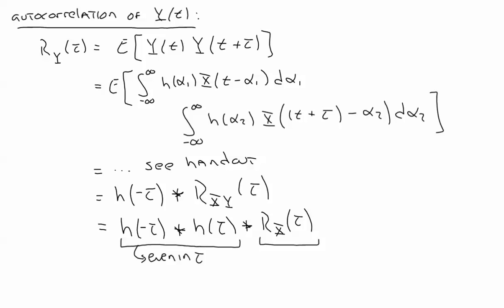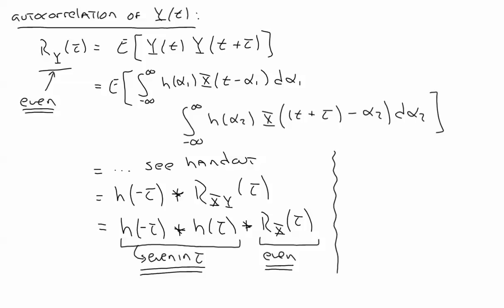I know that autocorrelation is always even, and I also require that my output autocorrelation be even. If I take all of this, which is even in tau, and multiply it times another function that's even in tau, I get a result that is even in tau. So that's good for us. And so once again, this is a general result.